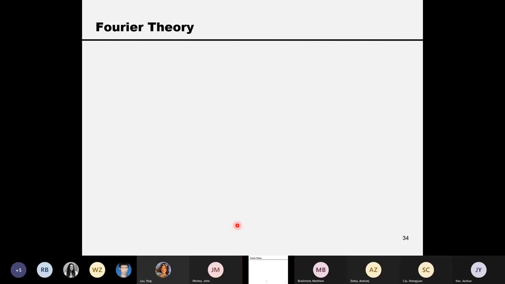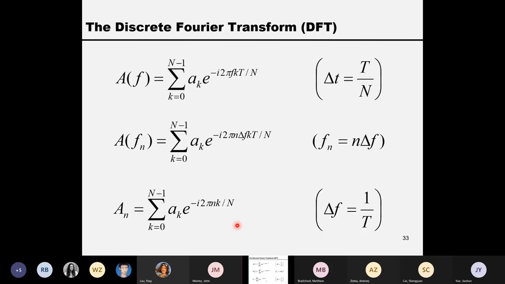Now we're already talking about DFT, also the fast DFT, which is the fast Fourier transform, usually called FFT. Another thing I didn't mention: here we have a minus, but this is for the forward transform. Based on this, we can come back to the original time series. That's called the inverse Fourier transform. You simply change the sign from negative to positive.